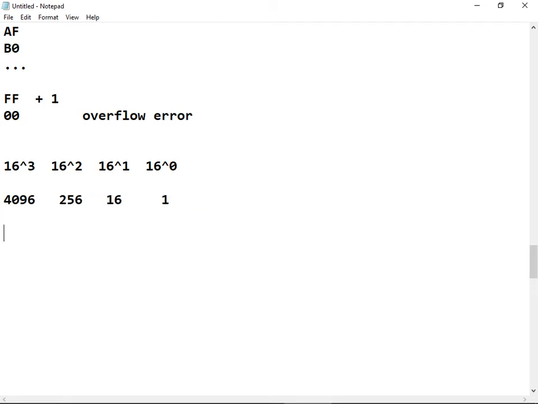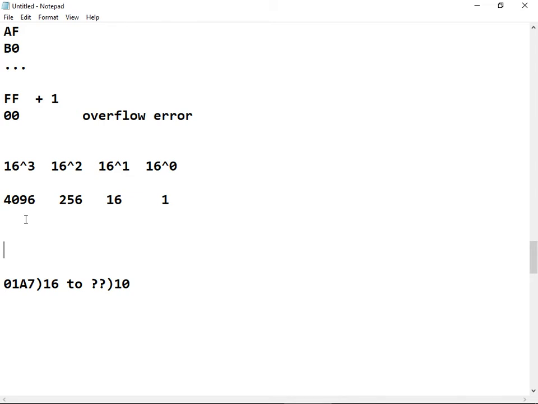So there we go. Say we have the number 01A7, and we want to convert that to decimal, base 10.